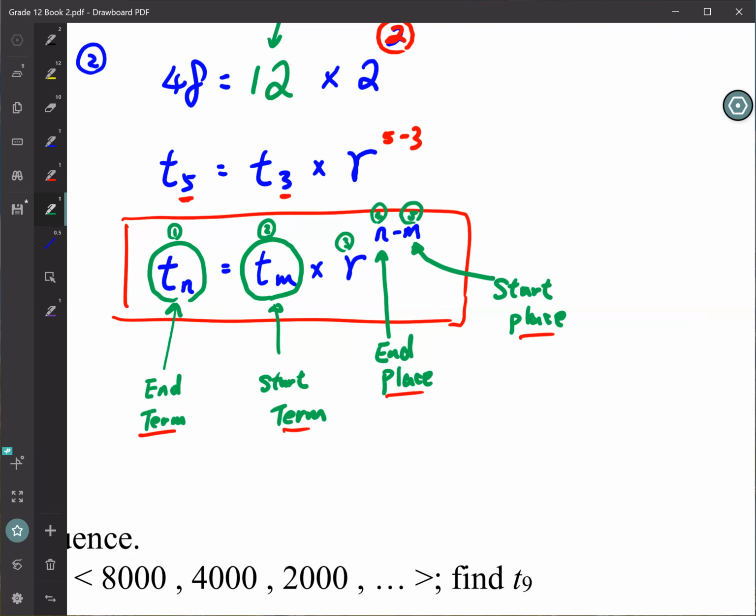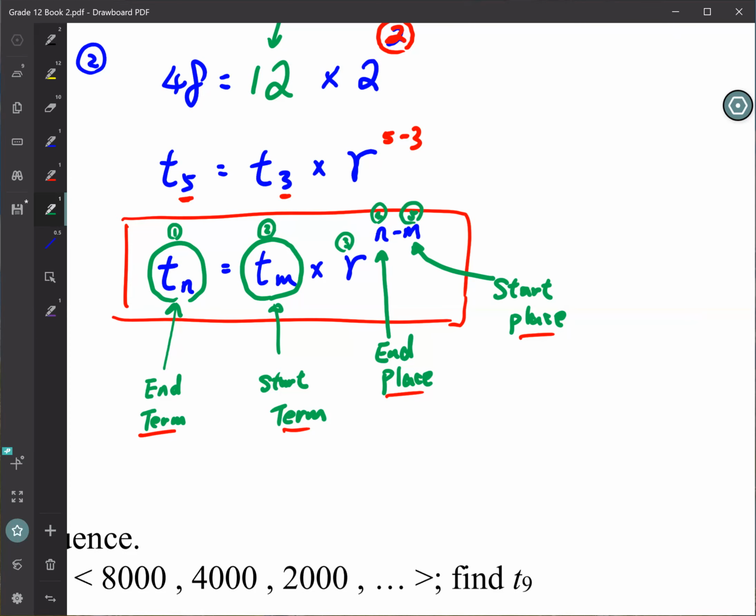So there's always 5 things to fill in, but in the question, they will be missing one of them. 5 blanks, missing 1. So when we start a question like that, we'll draw the 5 blanks. Ending term equals beginning term, starting term, times ratio to the ending place minus the starting place.